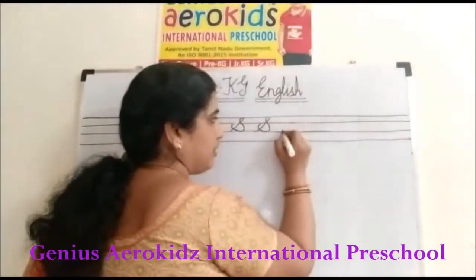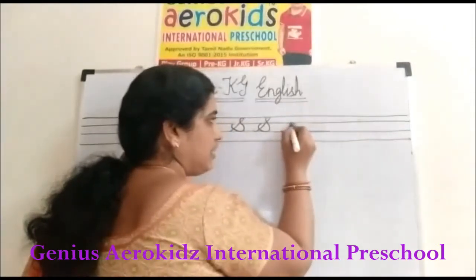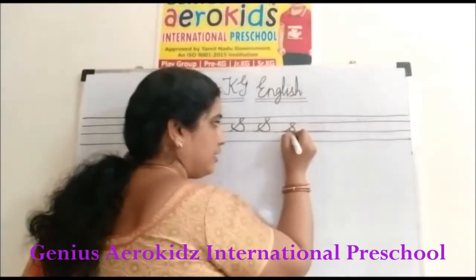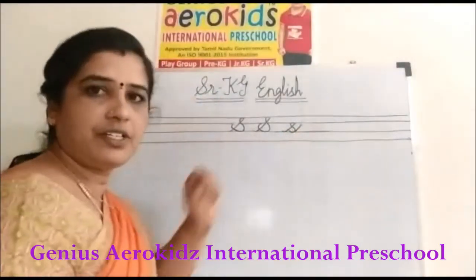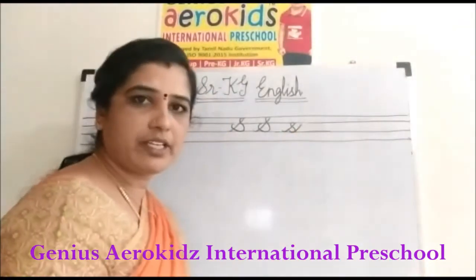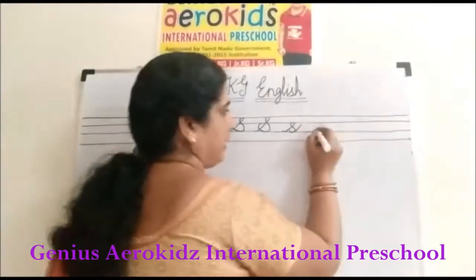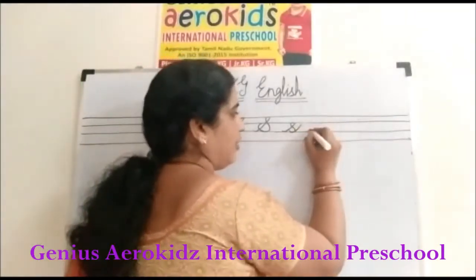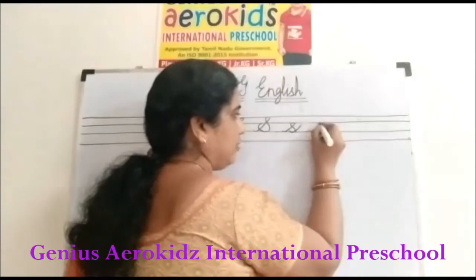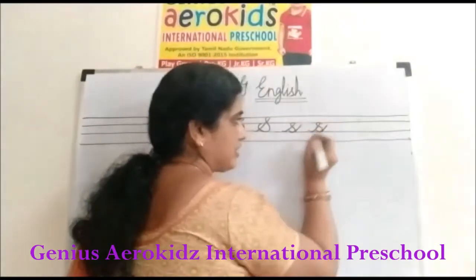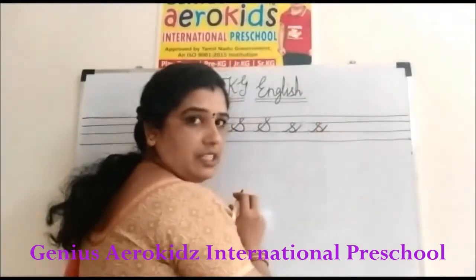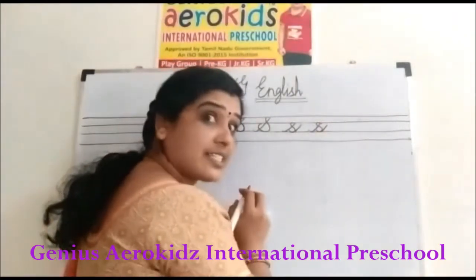Put the dot from here, under curve, under knot, and then a down curve to the first fence. This is our lowercase, right? Again I'm going to write the dot, under curve, and knot, under curve with extension. That's it. This is lowercase s.